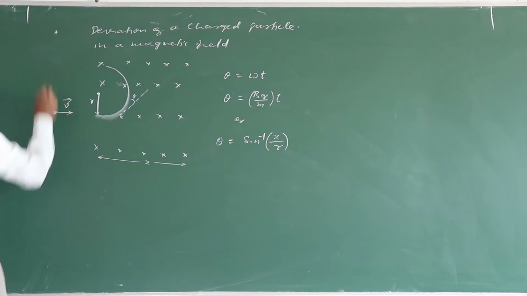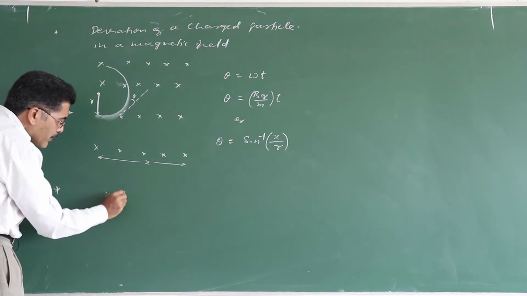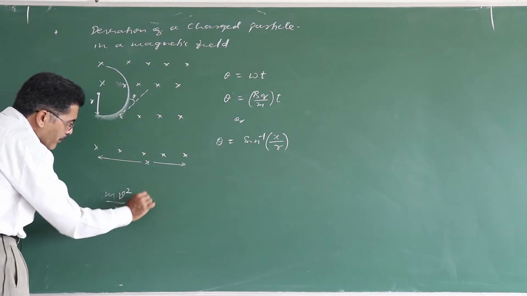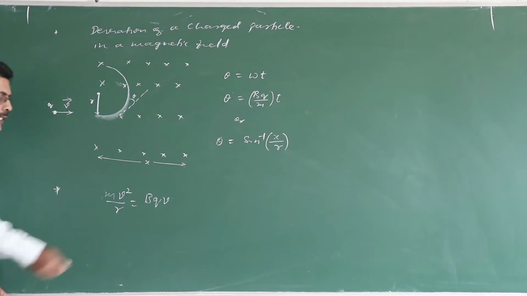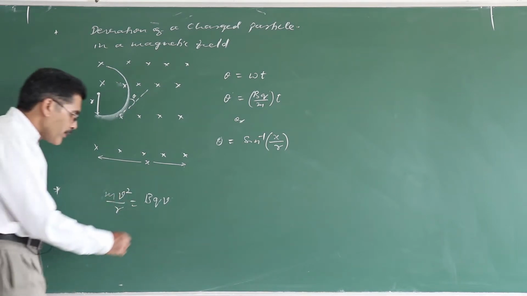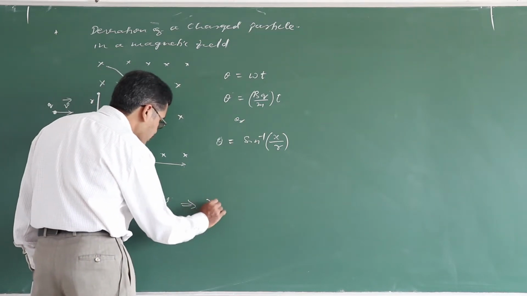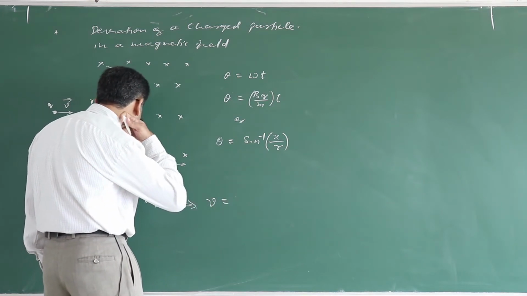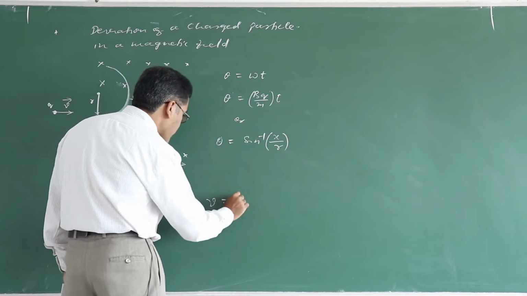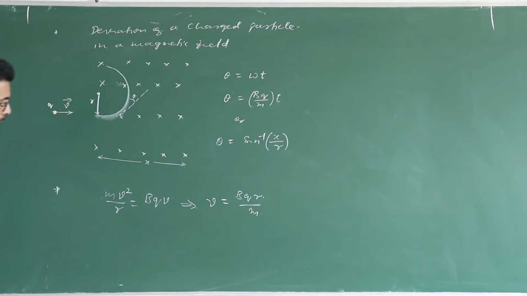This is one thing. Then when a charged particle moves along a circular path, you know that mv square by r is equal to Bqv. The centripetal force is being provided by the magnetic force. Therefore, using this we can write v is equal to BqR divided by m.